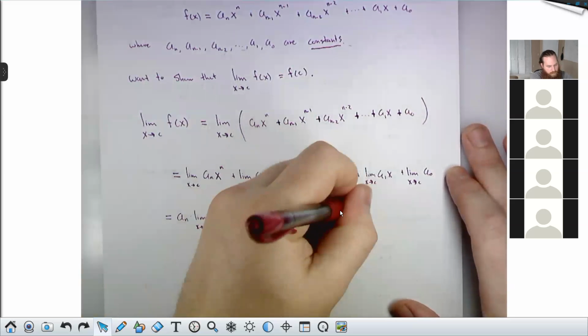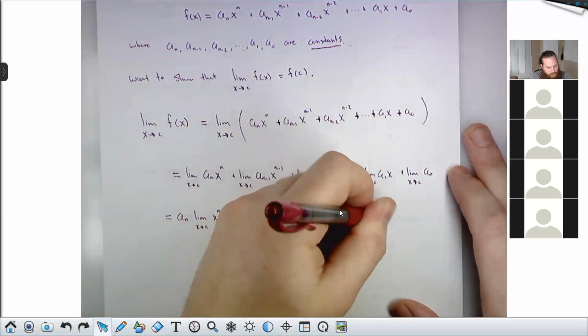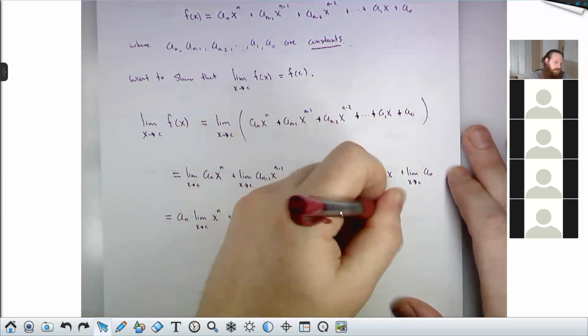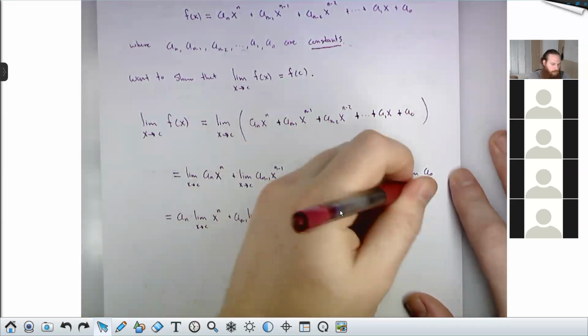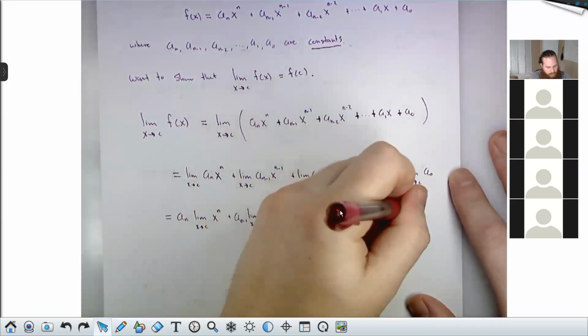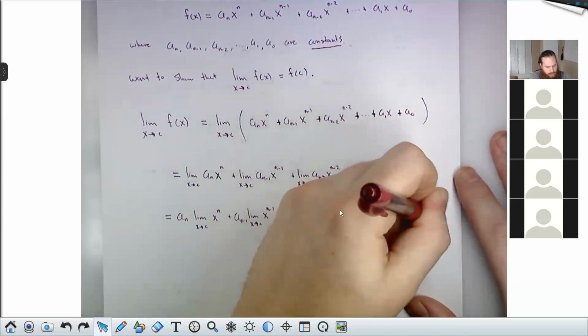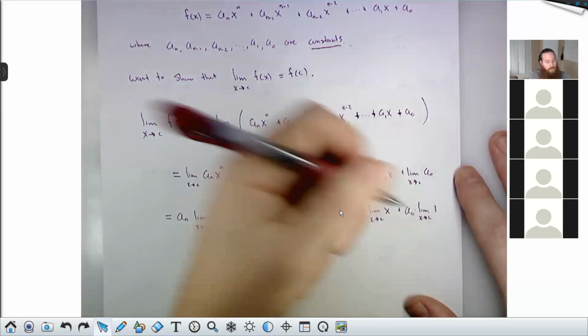This last guy is going to be a1 times the limit as x goes to c of x. And this last one, you can pop him out if you want. You'd have a0 times the limit as x goes to c of 1.